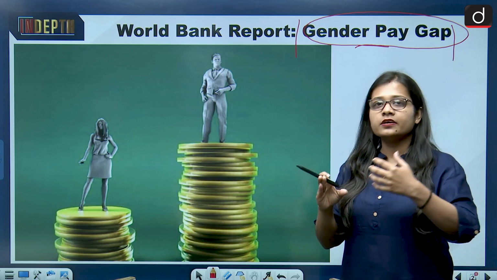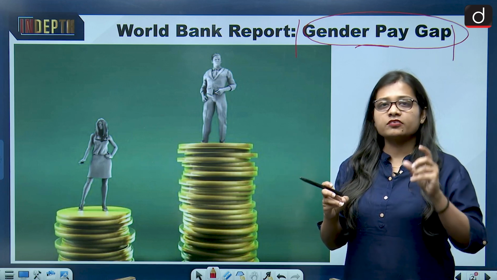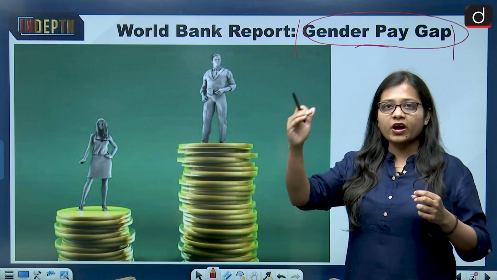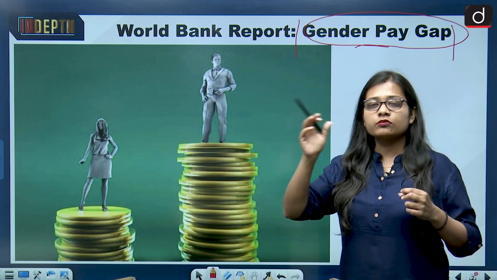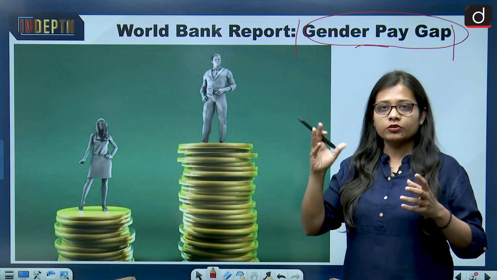It has been said that males receive much more payment as compared to females. So why is there a gap between the remuneration received by males and females? Let us look into it.